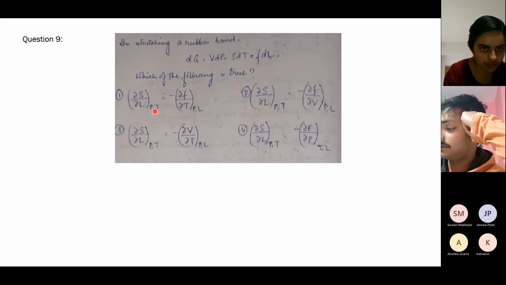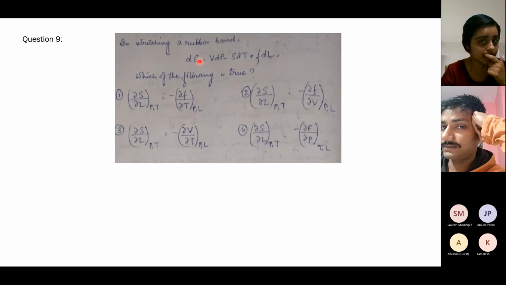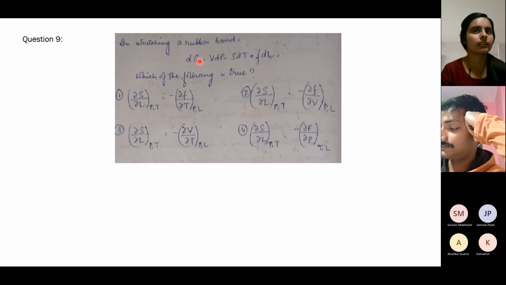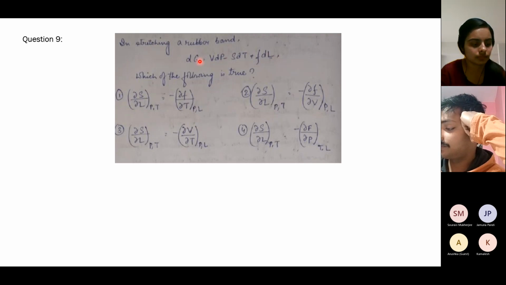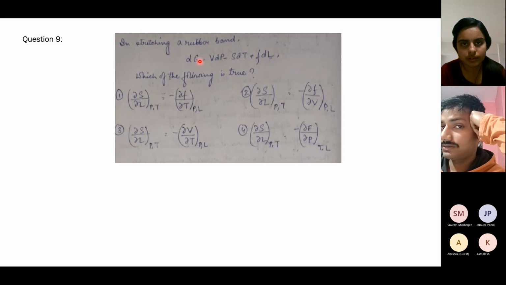In these expressions you have S, F, or V. So you have to try to express S, F, or V in terms of partial differentials of G. Can you do that? Okay, so what is S?